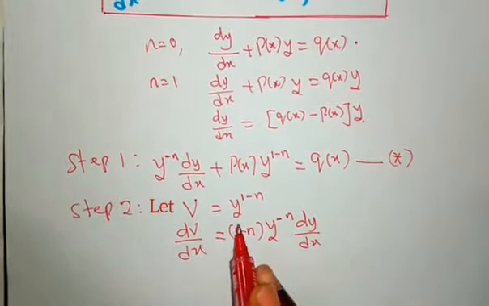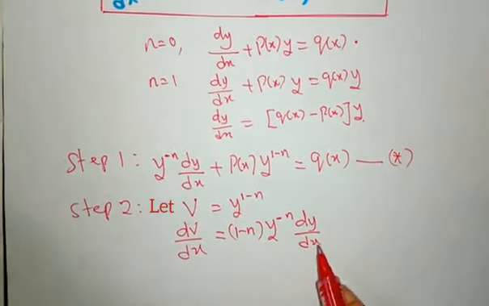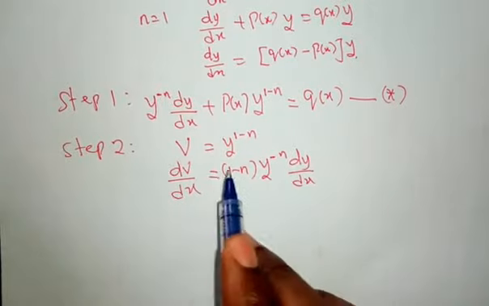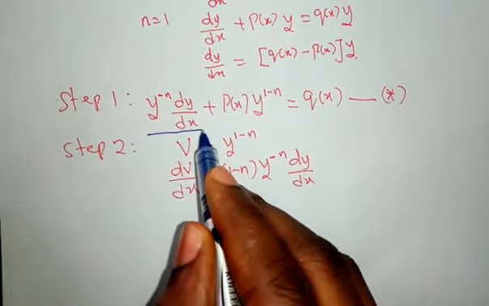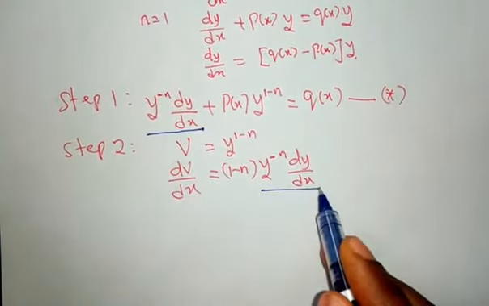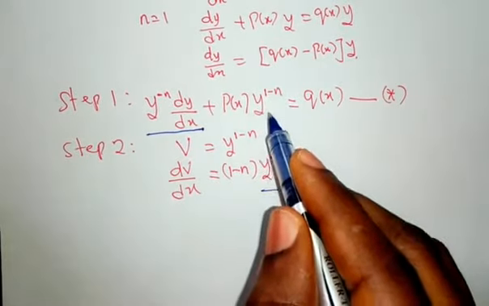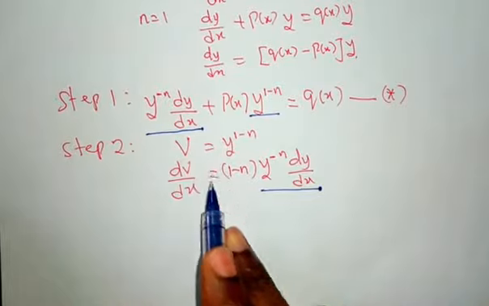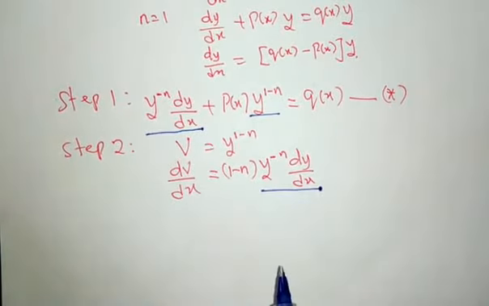Anytime you are differentiating a y variable, you need to add the dy/dx. Now if you look carefully, you will observe that this expression here is the same as what we have here, and then this is v.